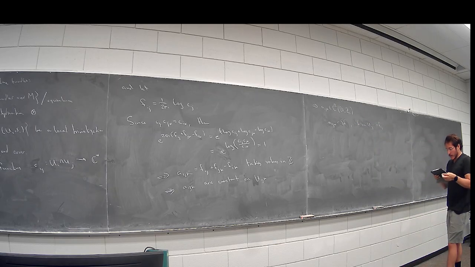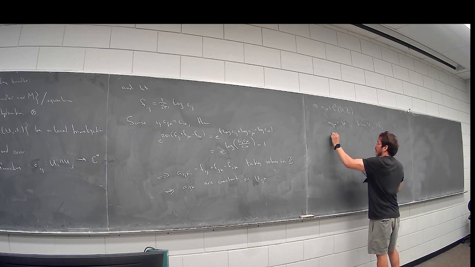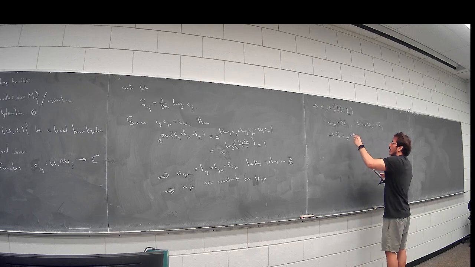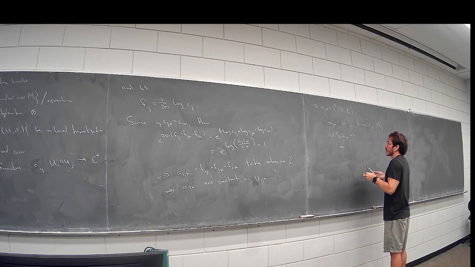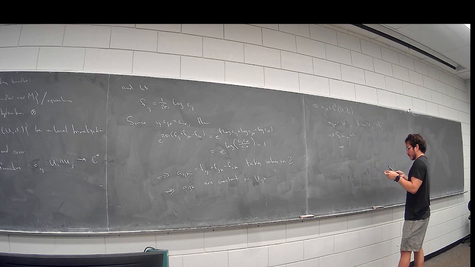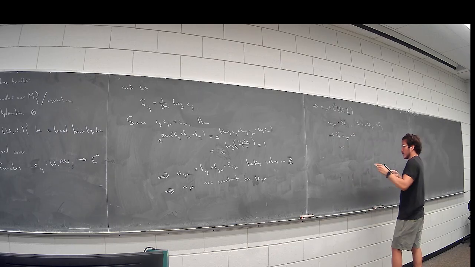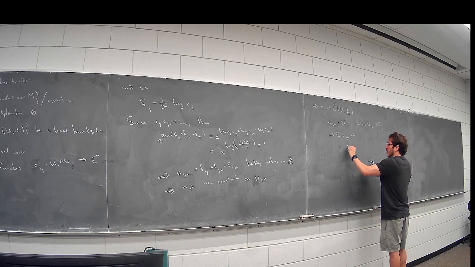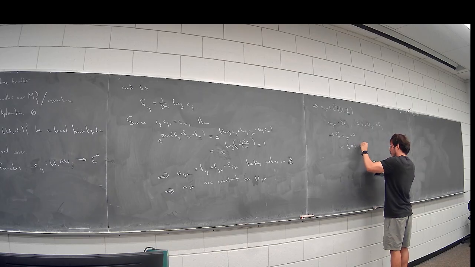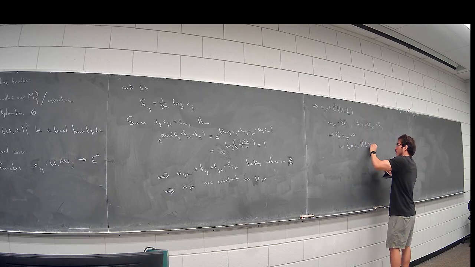So in particular, this implies that delta of Aijk is equal to 0, and so this implies you have an element A in the second homology. The zero element.